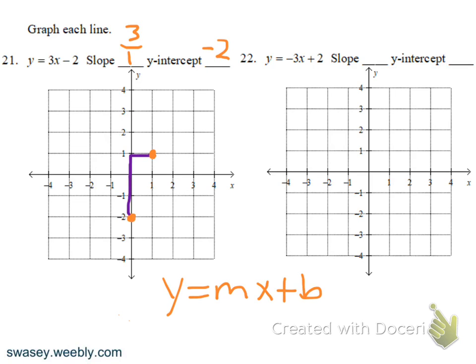We can do that one more time. Go up 3 to the right 1, put a point. And now we'll draw the line through those.